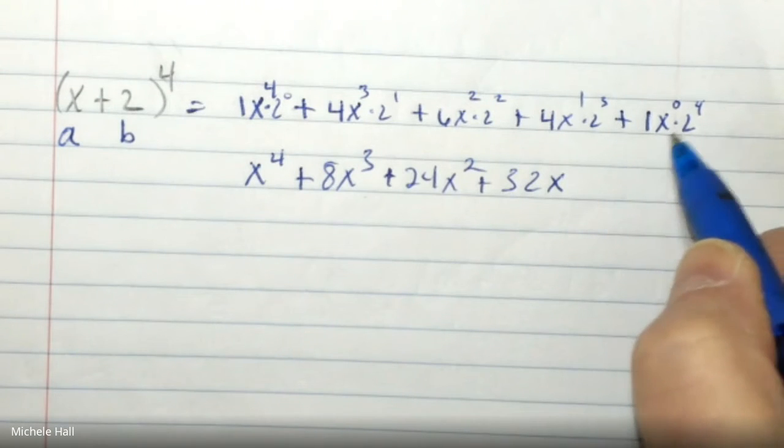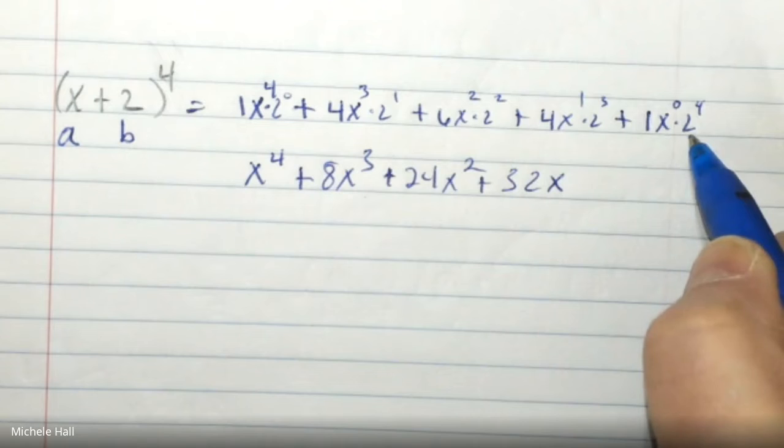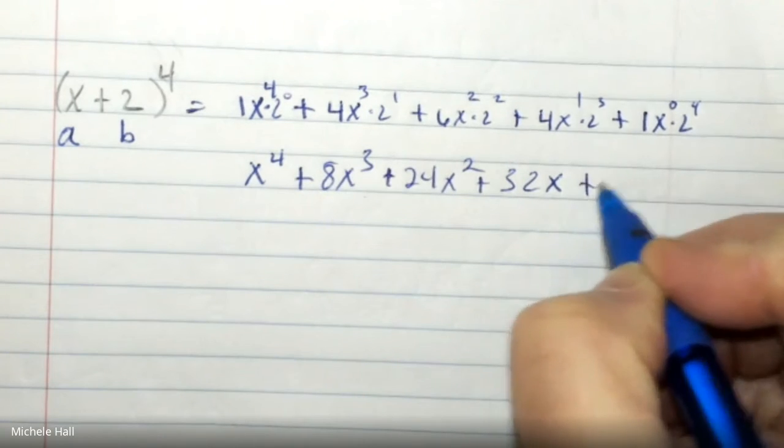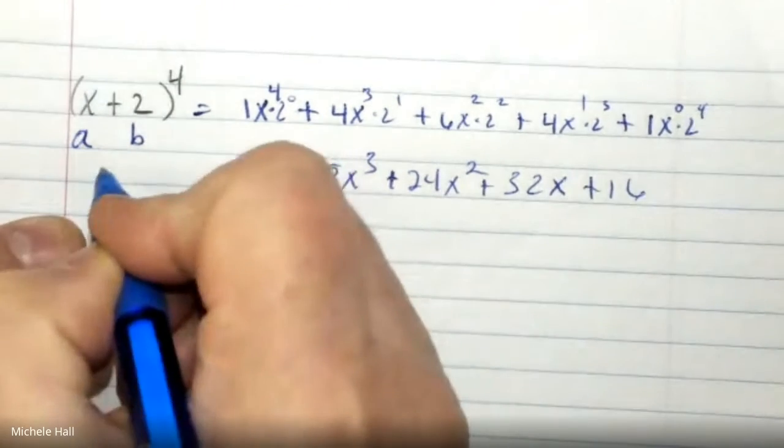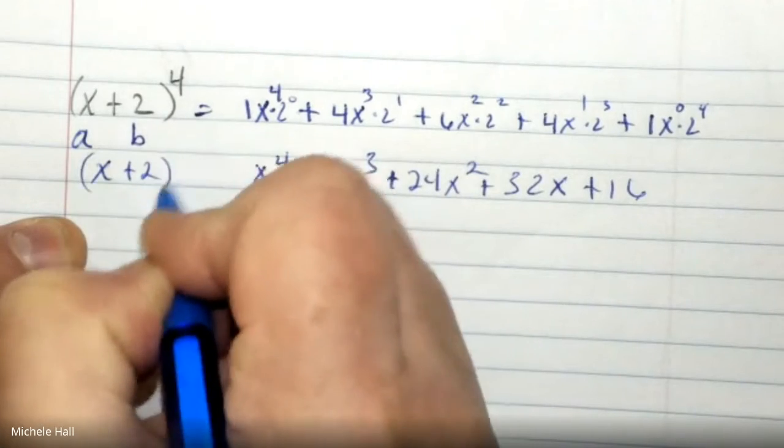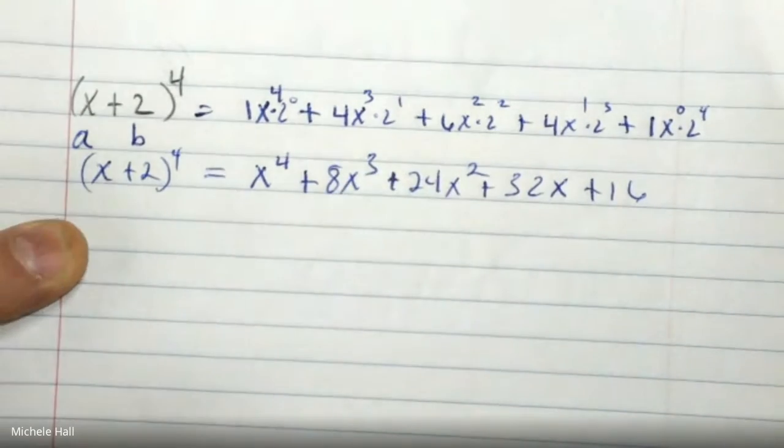And then 1 times x to the 0 is 1, times 2 to the 4th is 16. So x plus 2 to the 4th equals that.